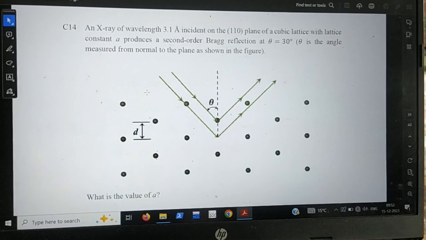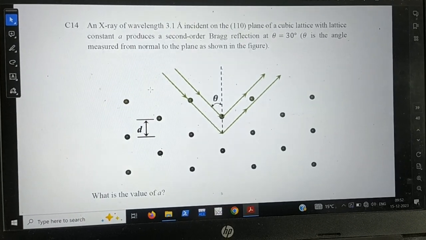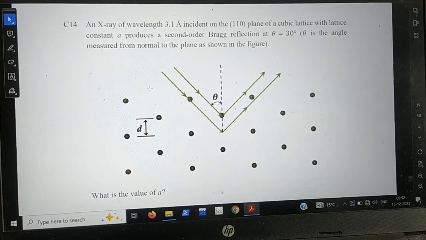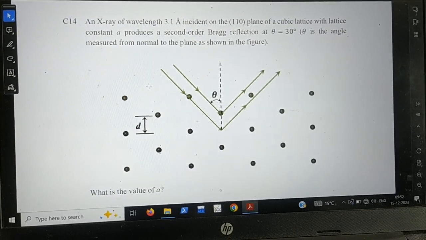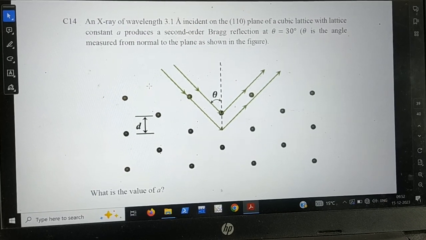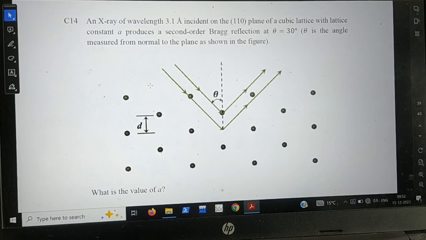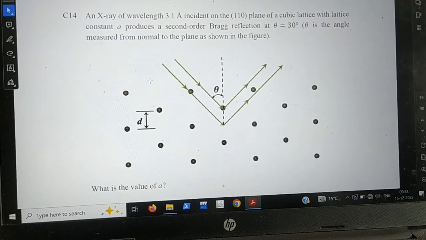An X-ray of wavelength 3.1 angstrom is incident on the 110 plane of a cubic lattice with lattice constant a and produces a second order Bragg reflection at theta equal to 30, measured from the normal to the plane. So be careful, this theta is given from the normal.